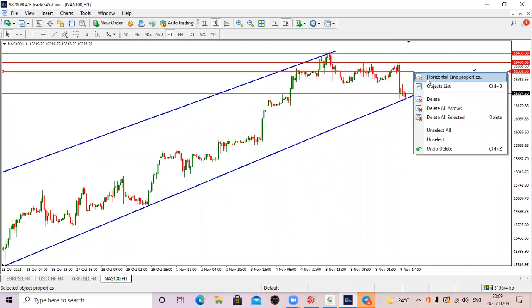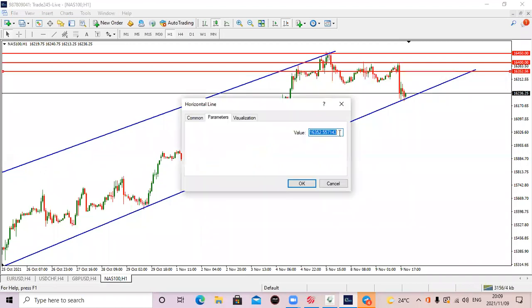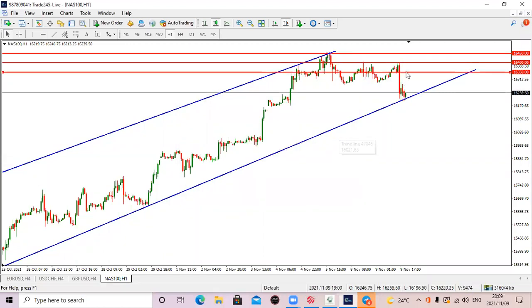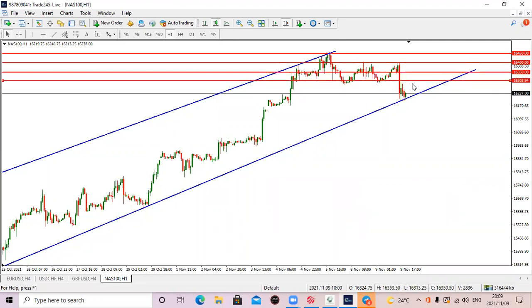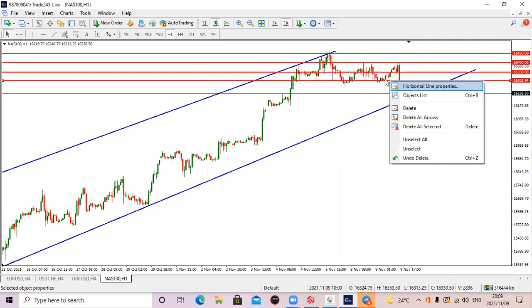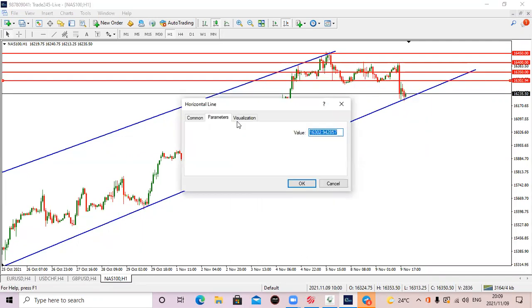I hope you guys are paying attention to how I'm marking my liquidity prices, because a lot of people are asking me how I do it. I'm using horizontal lines, and then I go to the horizontal line properties, then I go to parameters. There's common, parameters, and visualizations, and I go to parameters.